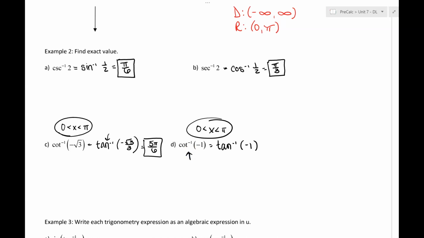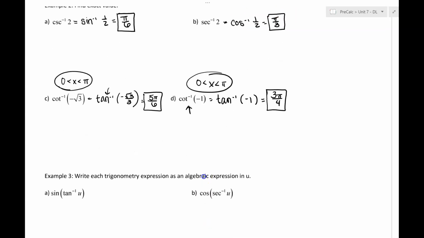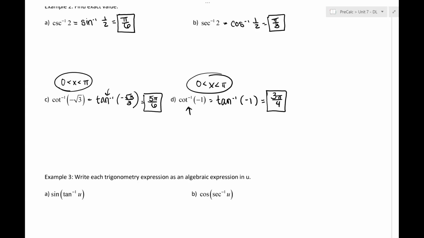So that's a pi over 4. That's a 45-degree reference angle, which means that this is going to be 3 pi over 4, okay? You can go back and apply the reciprocal, such as we did for A, B, C, and D, but be careful if it is inverse cotangent, okay? Because inverse cotangent and inverse tangent are not restricted in the same location.